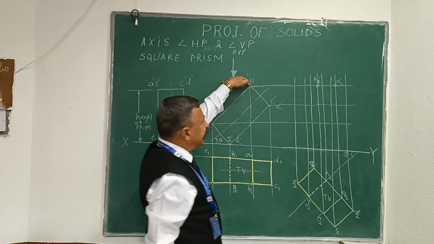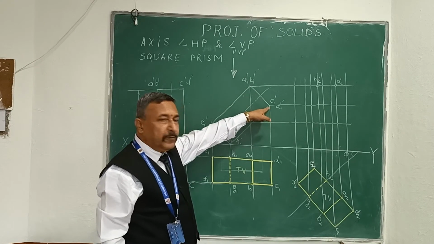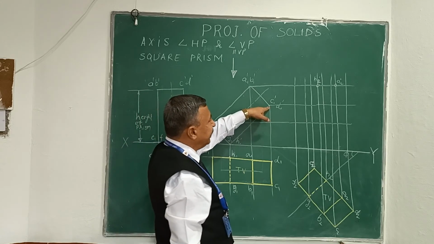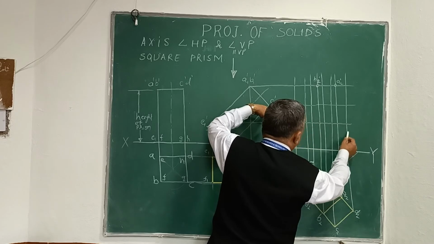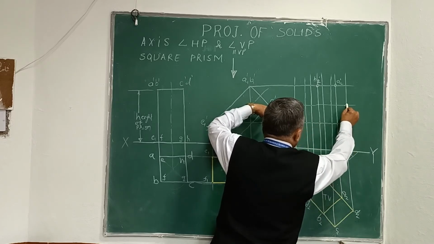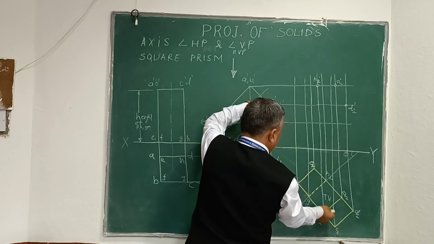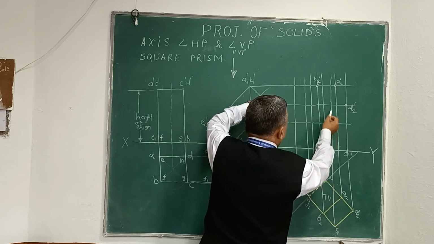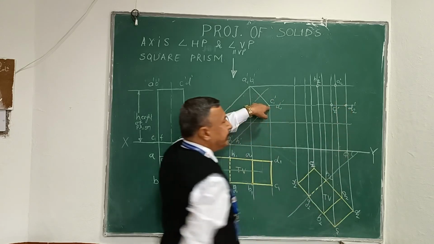Now I have to mark C and D. This is our projector through D2, so this gives you D2 dash. And the projector through C2 gives you C2 dash.